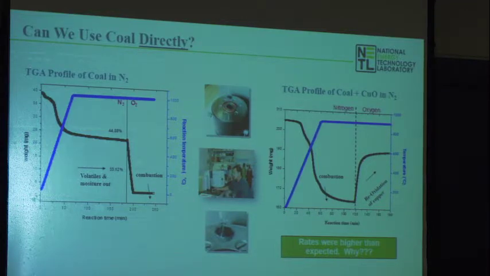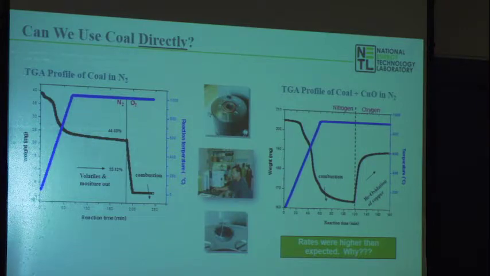But it just bugged me, certainly, because when we did this the first few times, we didn't expect the rates to be very high. We thought, well, surely what has to be happening is any moisture that's in the coal is going to gasify a little bit of the coal as it's coming out. Once it gasifies that coal, the gas phase can react with the copper oxide.